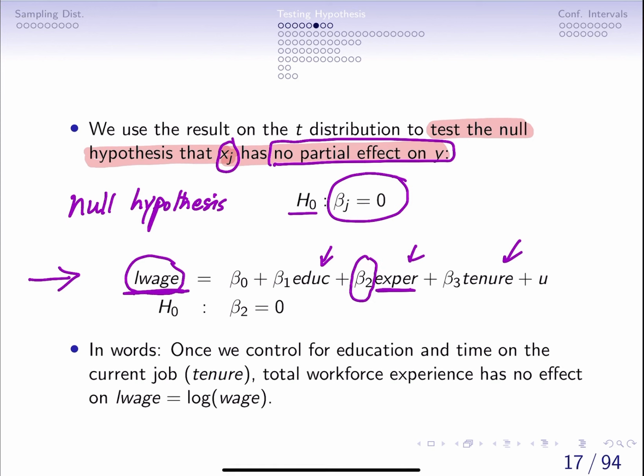So we could hypothesize that beta 2 equals 0, and this is how we set up our null hypothesis. Okay, it can be anything really, but 0 is capturing the fact that experience has no effect on log wage after we have controlled for education and tenure. In other words, that experience has no partial effect on y.